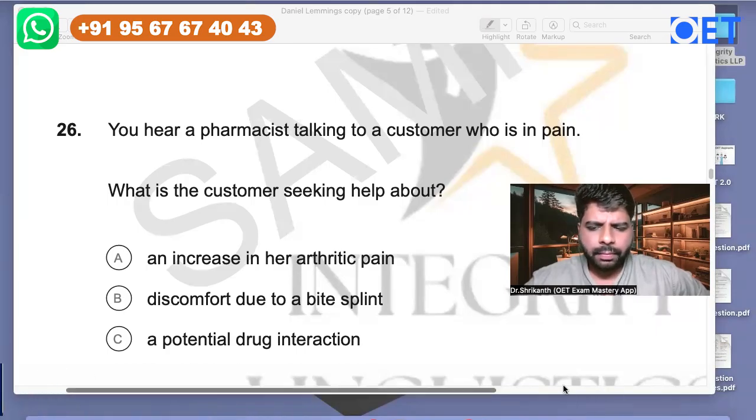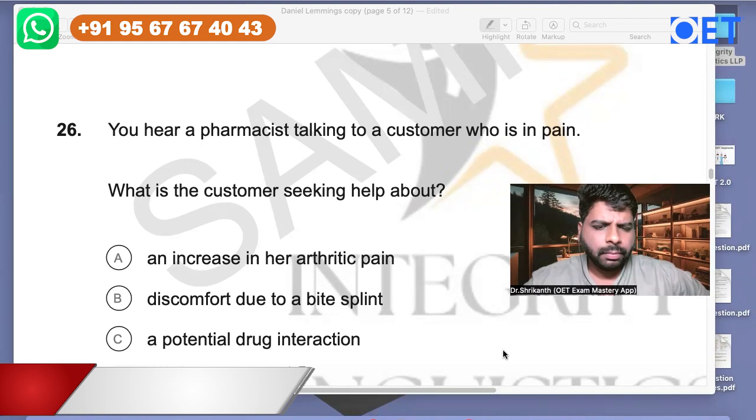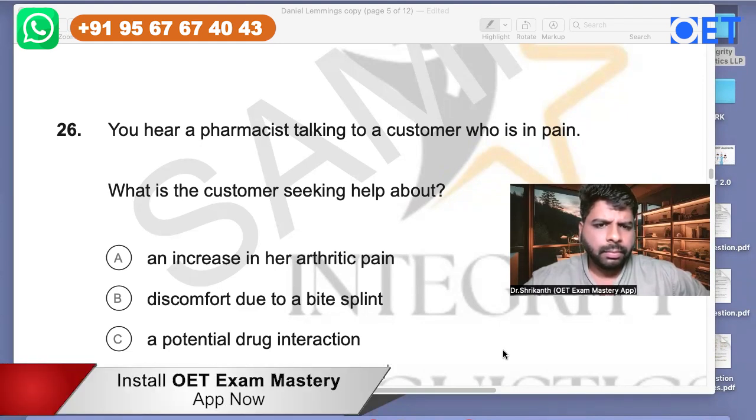Good morning. Can I help you? Yes, I've been in a bit of pain. I've got arthritis, you see, but it's not that, it's my jaw. Oh, have you had this problem before? Yes, it flares up when I get anxious and I'm a bit stressed at the moment. I usually take some paracetamol, but I don't want to take too much because, I'm already taking arthritis medication.